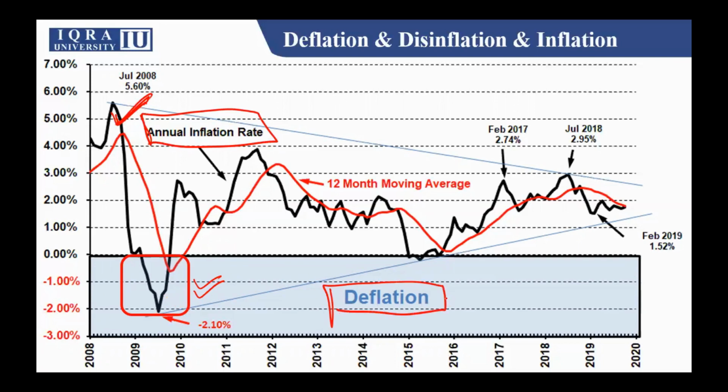So when the rate of inflation becomes negative, you call it deflation.